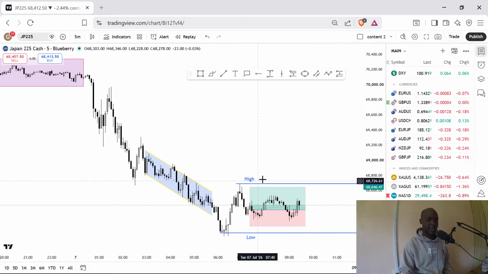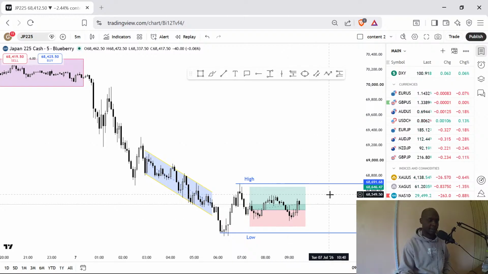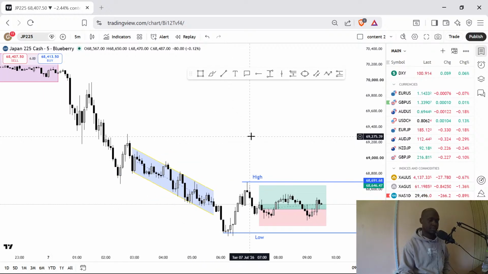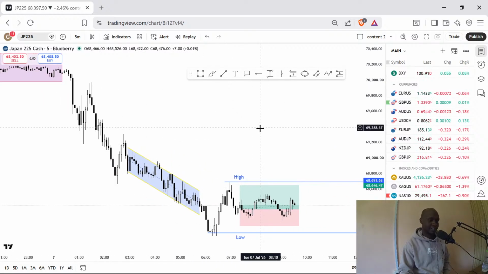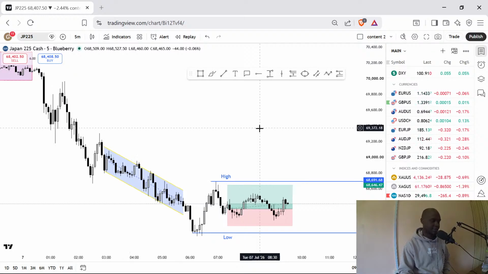If we break this high is when I'm going to start moving my stop to around break even. We really have had to be patient with this particular trade.